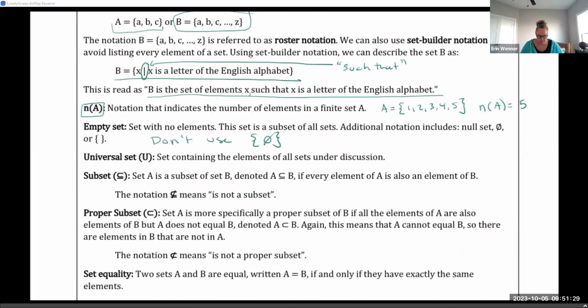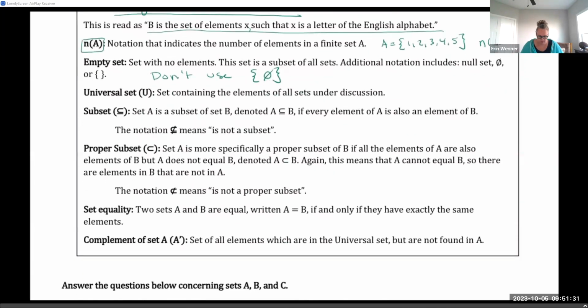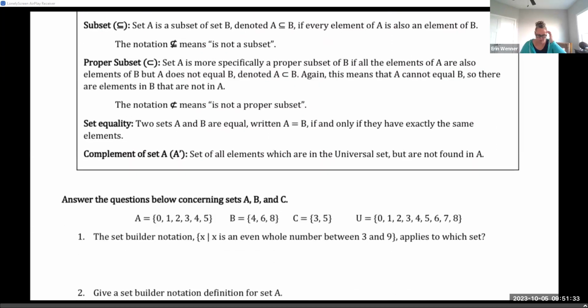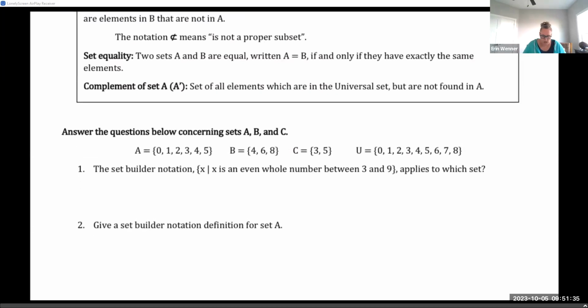So before I finish the rest of this, I want us to go down to the bottom of the page. So I have set A, which is equal to those numbers, set B, which is equal to these numbers, and set C, which is equal to 3 and 5. And then you'll notice down here U. U is the universal set.